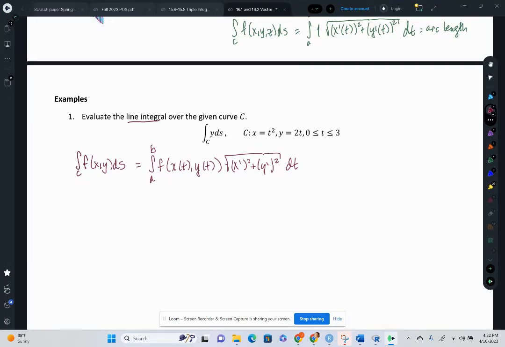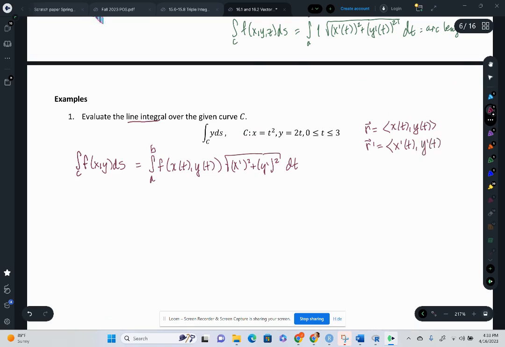Based on this, I need an x of t and a y of t, and an x prime of t and a y prime of t. Remember also that r is equal to the vector with components x of t, y of t, and r prime is equal to the vector with components x prime of t, y prime of t. When we see notation like this, where C is defined by x equals t squared, y equals 2t, and t goes from 0 to 3, they've just given us the parametric form of a vector function.